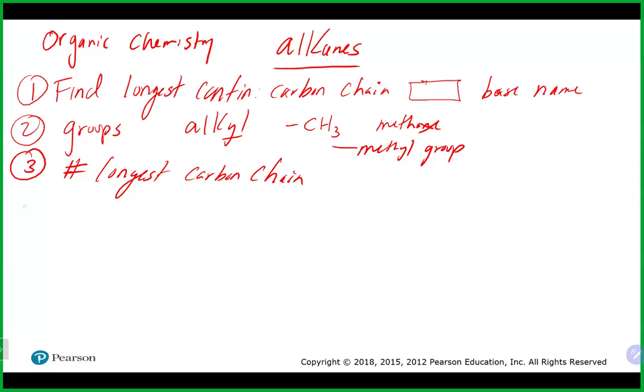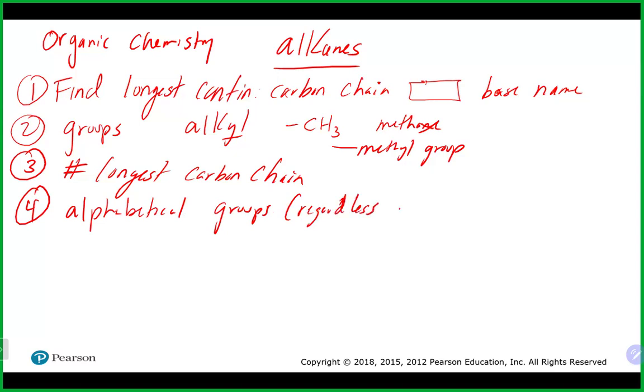once you have that all arranged, we do go alphabetical for our groups, regardless though of a prefix, if they do have a prefix. So we came across some last time, right? Again, we had a couple of methyl groups in the compound, so we used the prefix di for that.